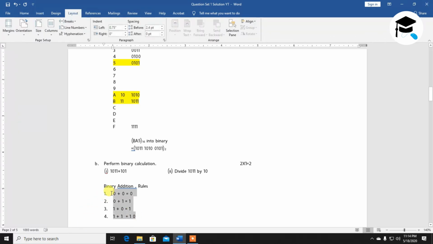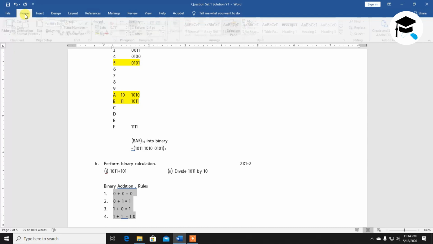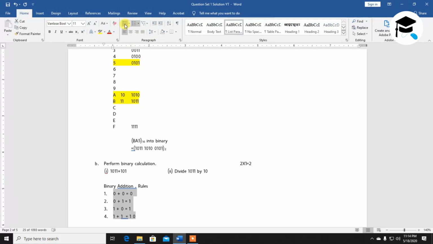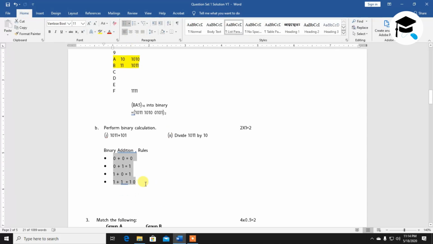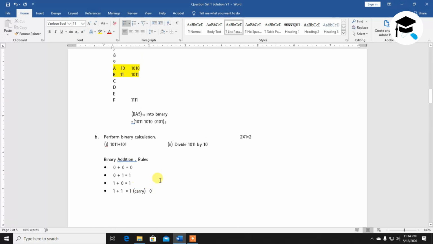These are the rules we need to remember. Let me give them bullet numbers so that you don't get confused. Also, we need to remember one thing, that the number 1 is carried over while performing the operation. So let's go through our question.